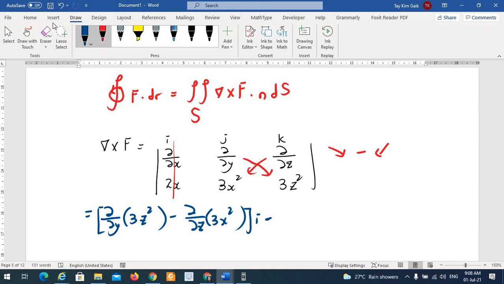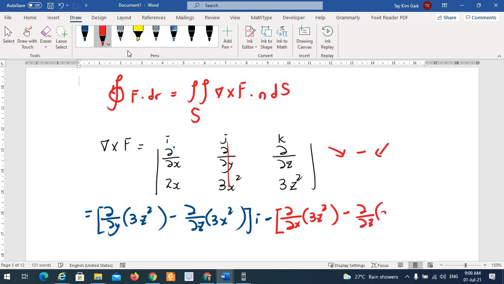Then component j: i cross k, the answer is negative j. So this one is negative. You have del del x 3z squared minus del del z 2x.